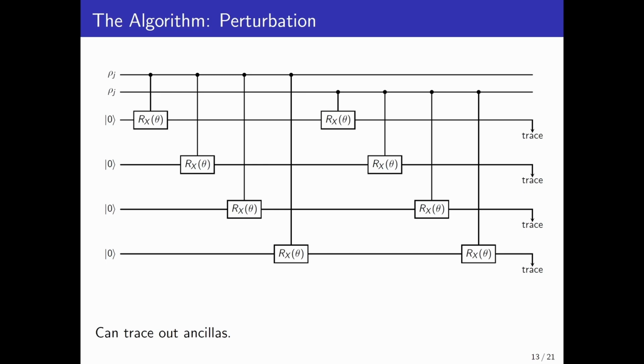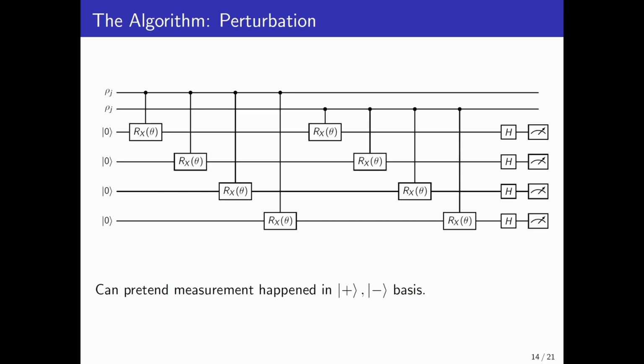Instead of tracing them out, we can instead measure them in the ket plus, ket minus basis. We specifically chose this basis because these are the eigenvectors of Rx. What this gives us is that this measurement commutes with the pi controlled rotations, and thus we can further pretend that the measurement started at the beginning of the round.